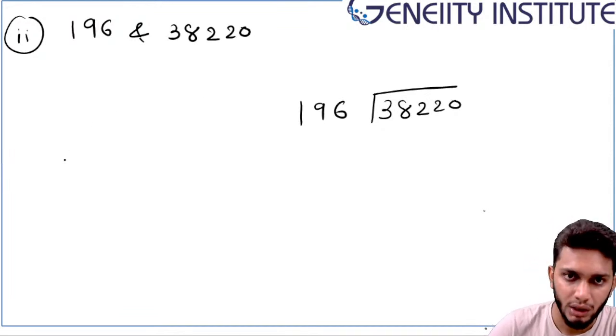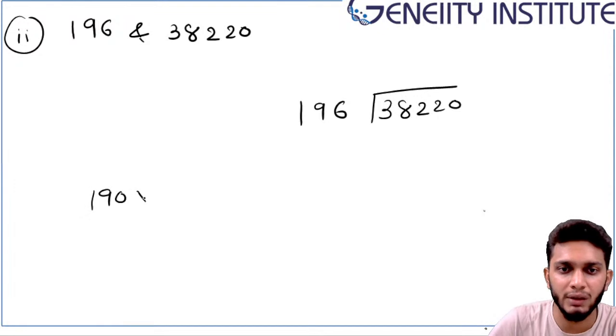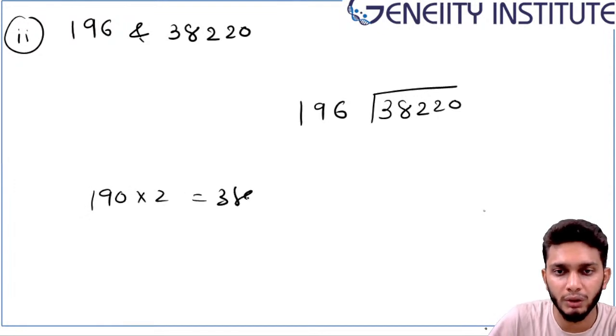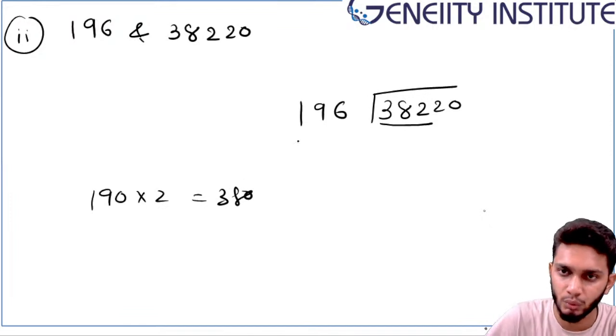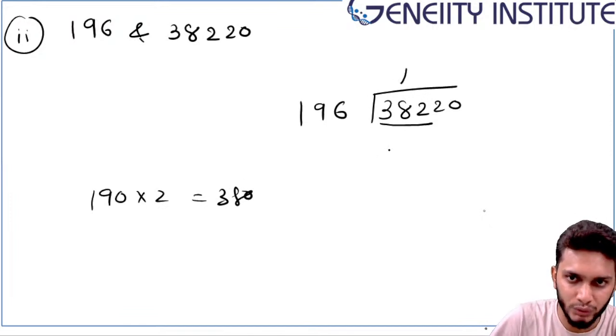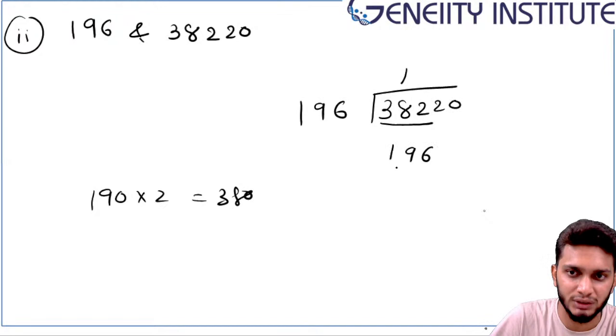You know that if you multiply 192 by 2, so 380. So obviously 192 multiplied by 2 is greater than 382. So 196 ones are 196.